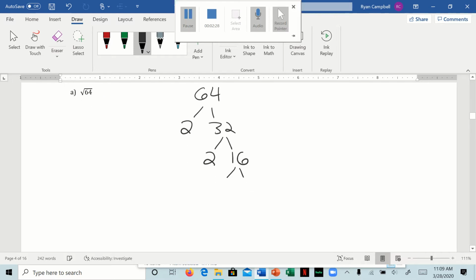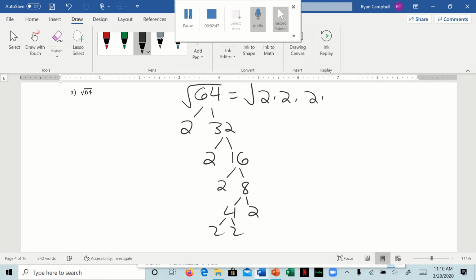We can break up 16 into 2 and 8. We can break up 8 into 4 and 2, and we can break up 4 into 2 and 2. So, remember this is a product, so we're multiplying, so the square root of 64 is the same as the square root of 2 times 2 times 2 times 2 times 2 times 2. So we have 1, 2, 3, 4, 5, 6 2's.